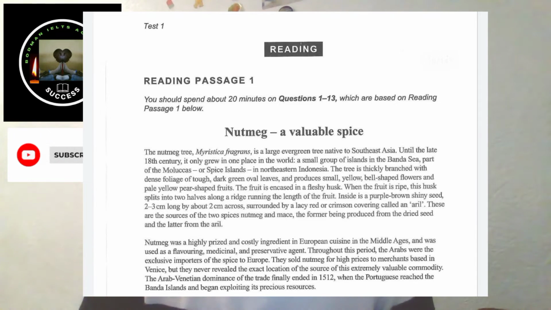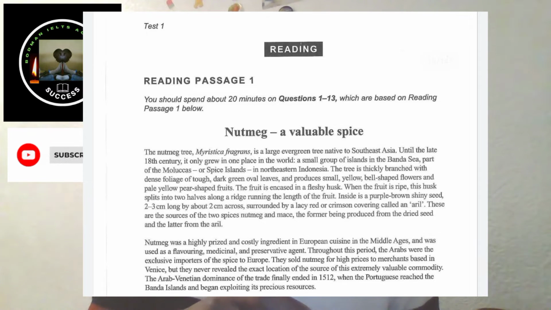Now, if I read it gently, the tree is thickly branched with dense foliage of tough dark green oval leaves and produces small yellow bell-shaped flowers. I'm not interested in flowers. I'm interested in the leaf.